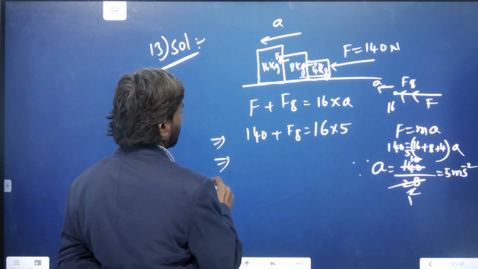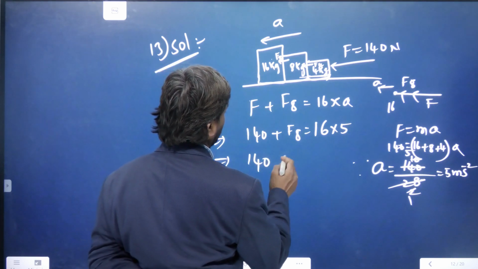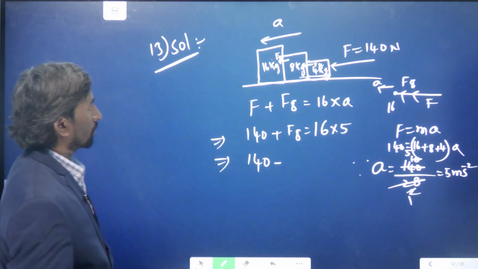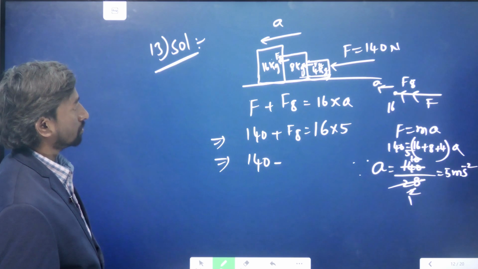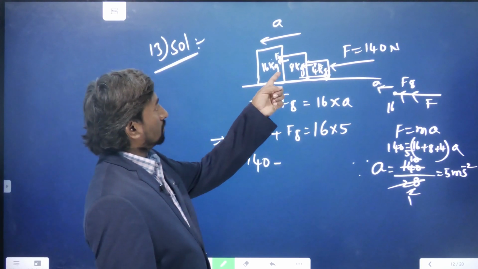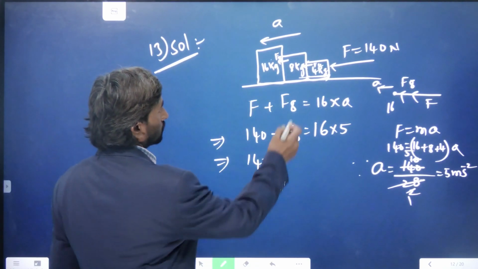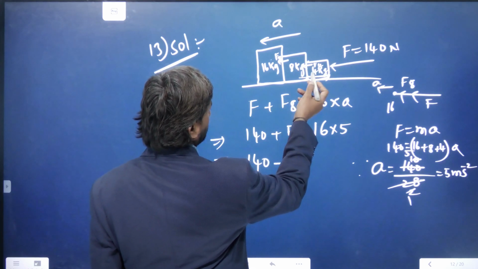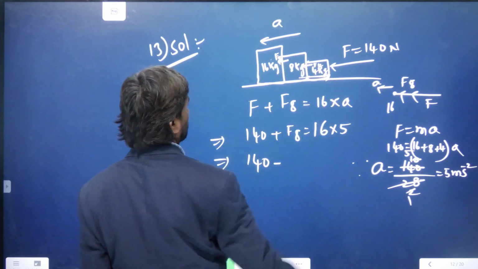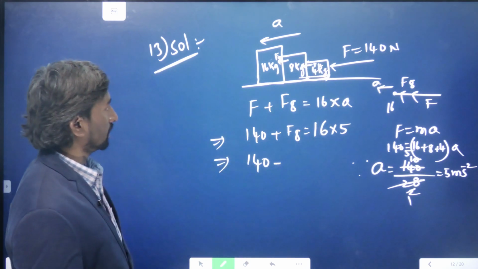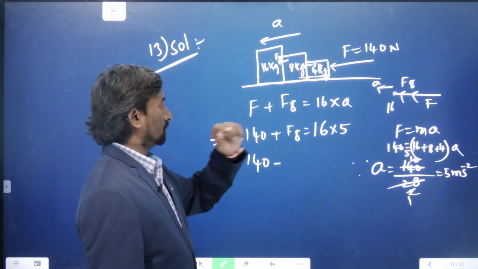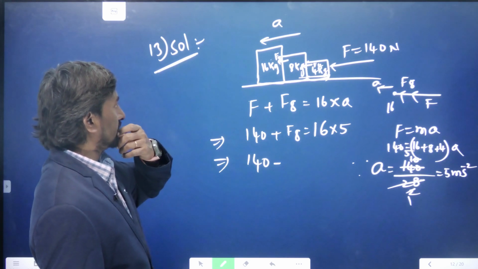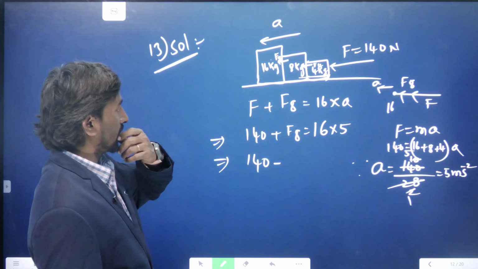So 140 minus how much do we get here? 8 newton acting on this force. Here, instead of F8, we can add 4 plus 8, 12, so 12 into 5.